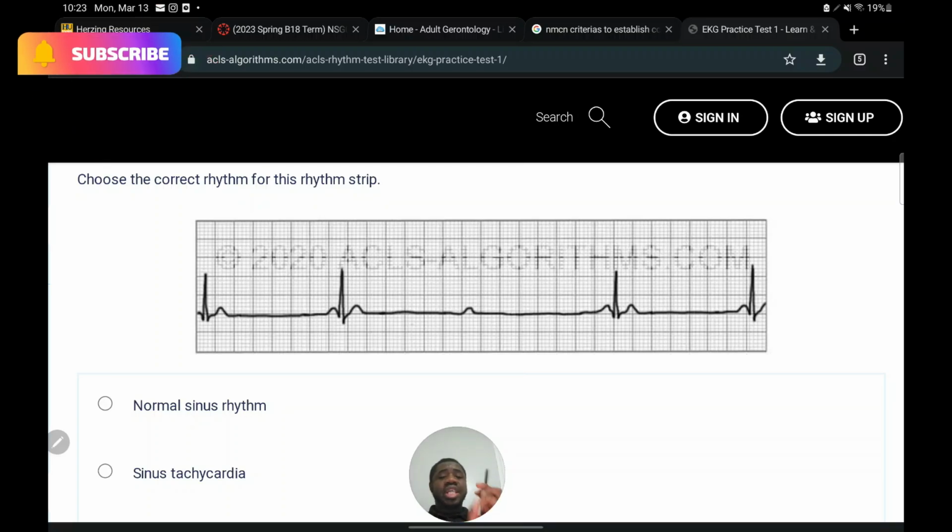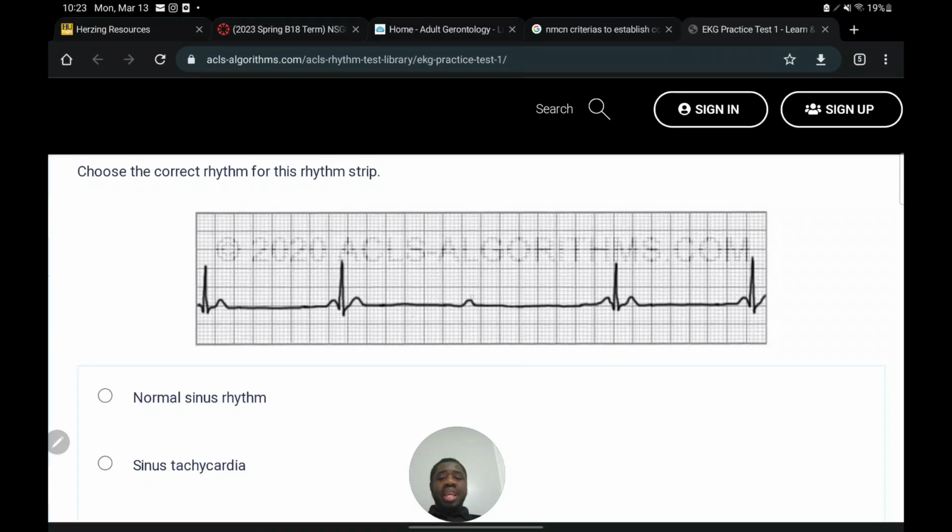Number one, the rate is below 60, so it's abnormal. And the P wave here is not followed by a QRS complex. So there is a loss of the wife and child.